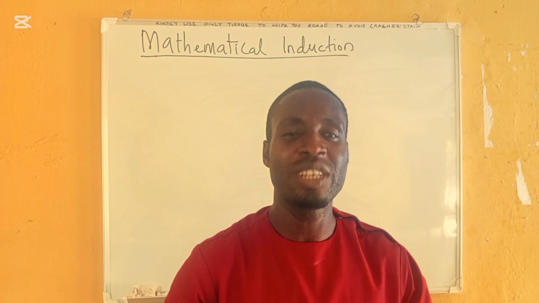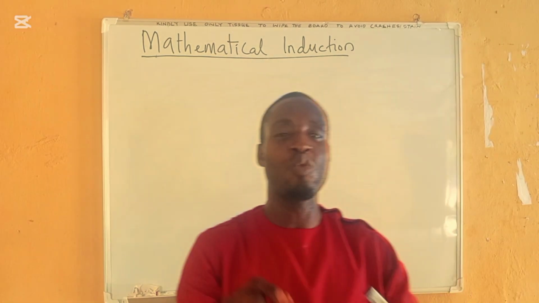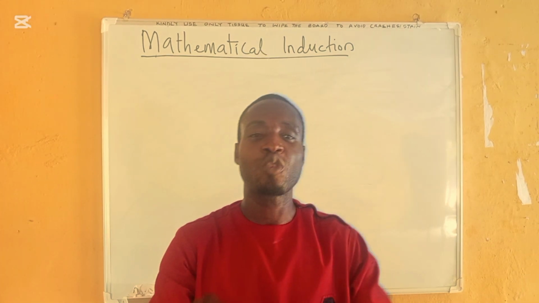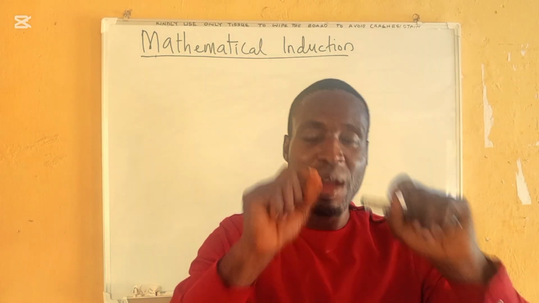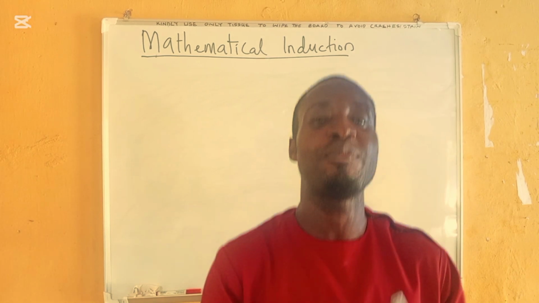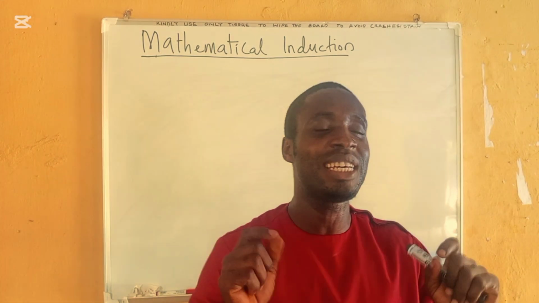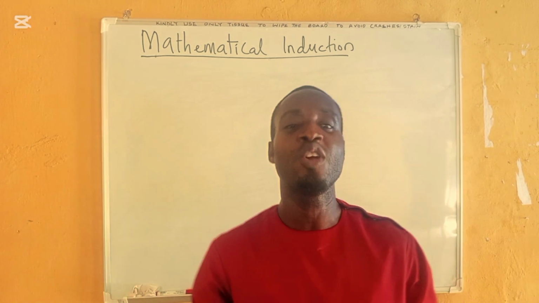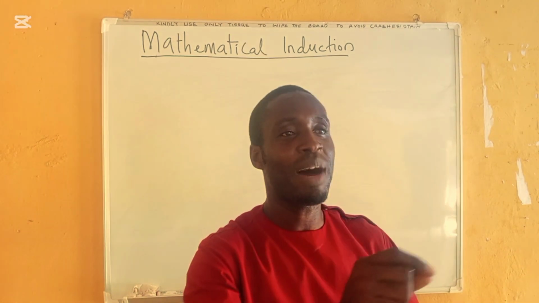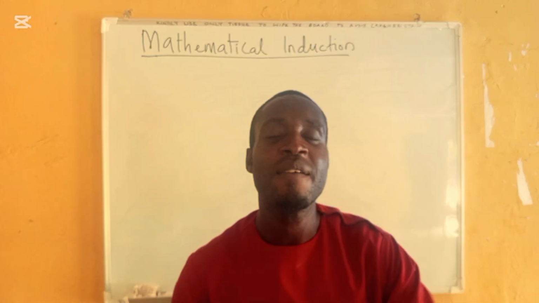For all natural numbers, there are steps that are necessary to prove that a statement has been proved by mathematical induction. One of the steps is called the base case. In the base case, you assume that n is going from 1, 2, 3, 4, and so on and so forth. You have to test those numbers to see if they satisfy the given formula.